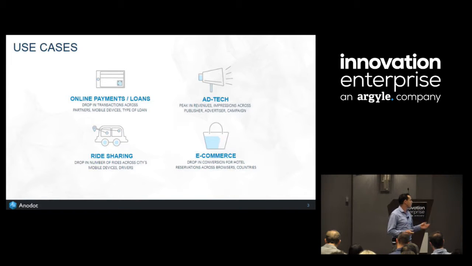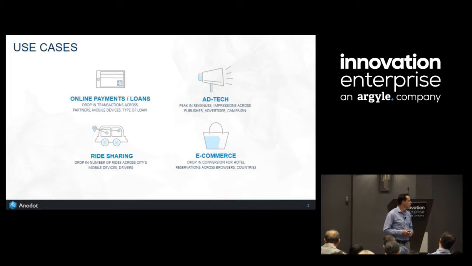Or in the adtech space, where you are tracking revenue, conversion, and impressions across multiple publishers, advertisers, and campaigns, and the list goes on: e-commerce, ride-sharing, and even the IoT space, where you are tracking a lot of data around temperature and RPM across different machines and different components. So really, the common thing for all of that is finding the needle in the haystack.